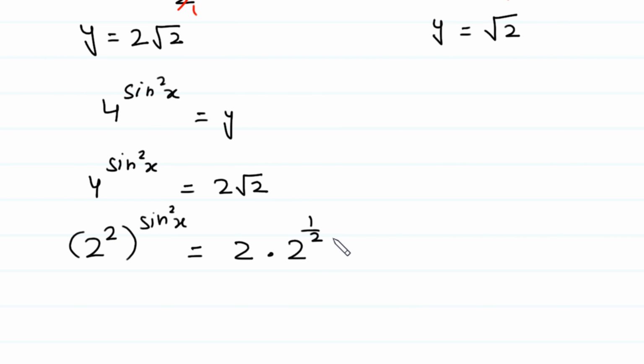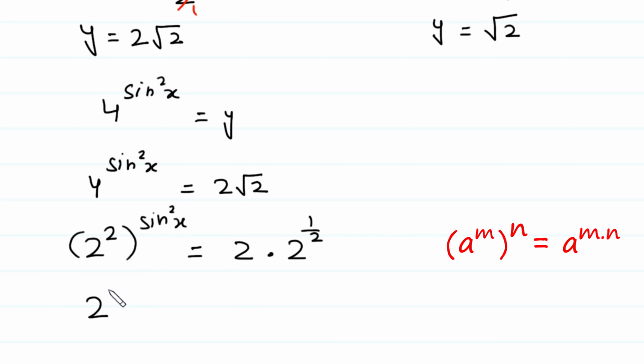Next, according to the rule of exponents, a to the power m to the whole power n is equal to a to the power m times n. Using this rule, we multiply this power 2 with this power sine square x.